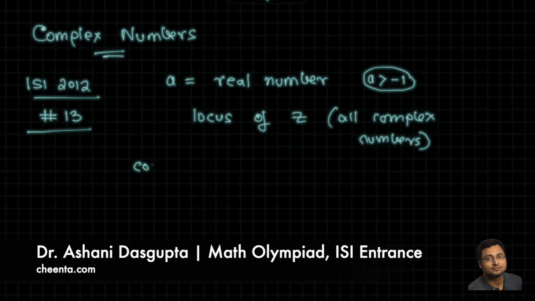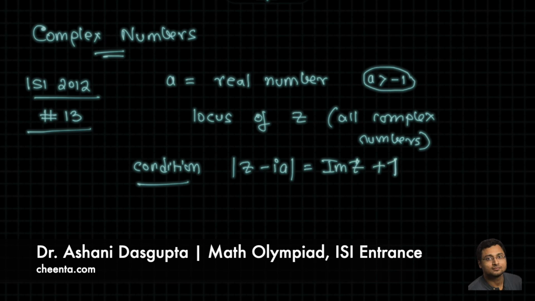And what is the condition? The condition is the absolute value of z minus ia is equal to the imaginary part of z plus 1. We want to find out all such complex numbers z.